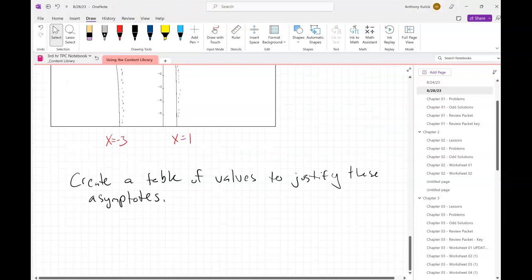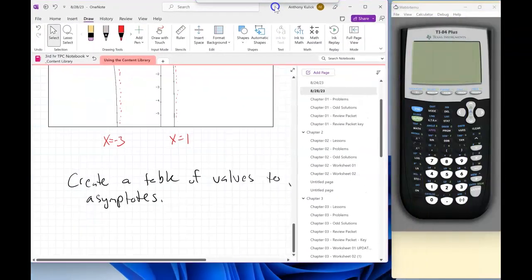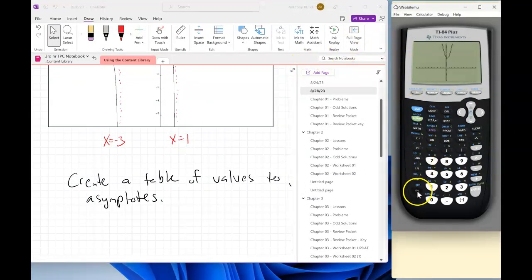So to do this, I am going to use my calculator. So let me go type this equation in real quick.